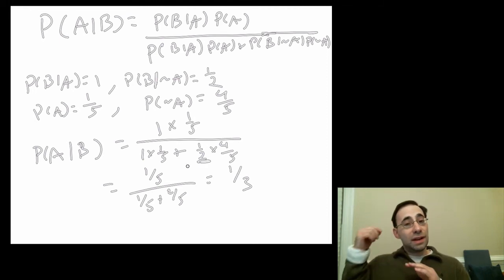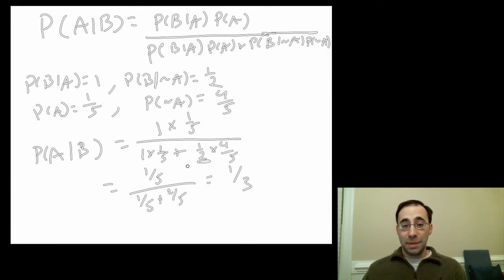If it turned out that mean types, not nice types, never cooperated, then you would never see B played when you have not A. That 1/2 would be 0, and you'd have 1/5 over 1/5, which would be 1. In that case, the information B would be perfectly determinative. Having observed cooperation, you know it can't be a not nice type because not nice types never cooperate.